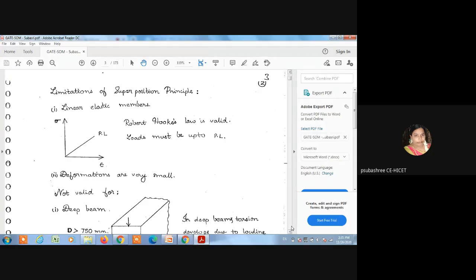For example, linear loads are point load and UDL. Non-linear loads are, for example, earthquake load, seismic load, and wind load. Then what are the limitations? The first one is linear elastic material, and the second is that the deformations are very small.